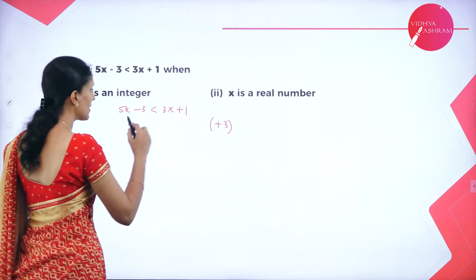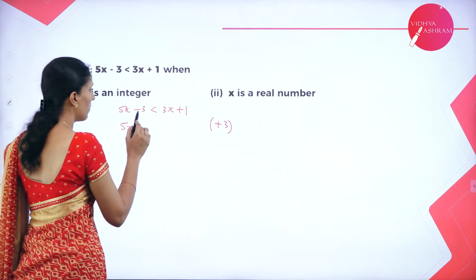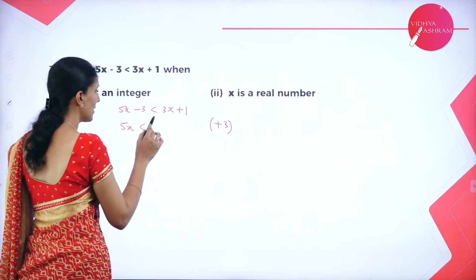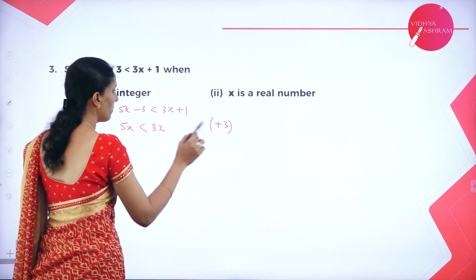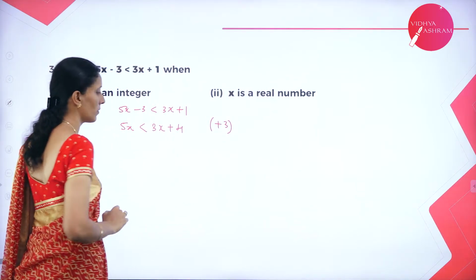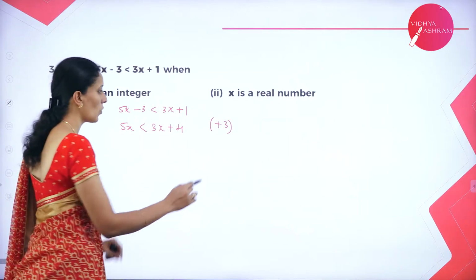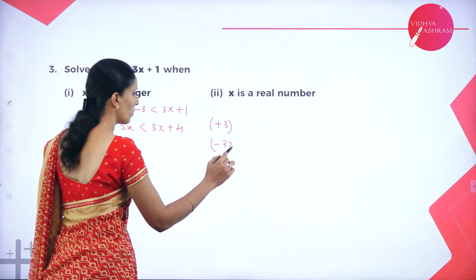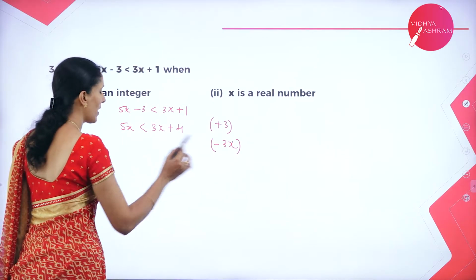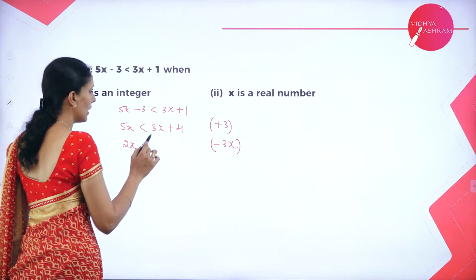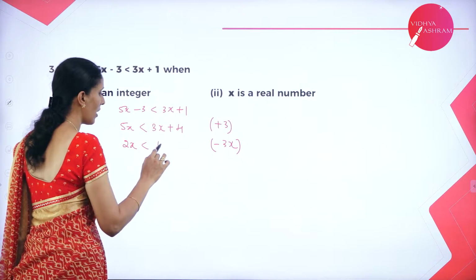When you add plus 3 on both sides, minus 3 plus 3 cancels. We have 3x, and 1 plus 3 is 4. Next, I don't need 3x on the right hand side, so I'll subtract 3x on both sides. 5x minus 3x is 2x, 3x minus 3x cancels, and 4.